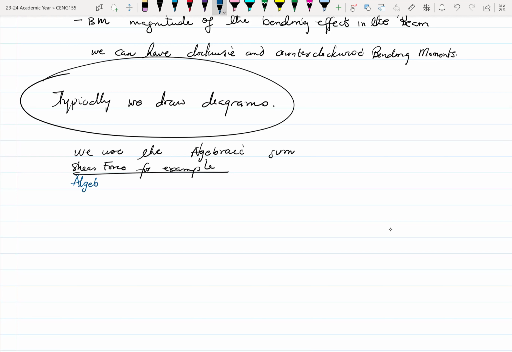Algebra is just additions. We say algebraic because normally there are pluses and minuses in there. So if you want to find the bending moment, shear, or axial force at any point, you have to cut the section at that point. If you cut a section at that point, you can choose either half to find it.